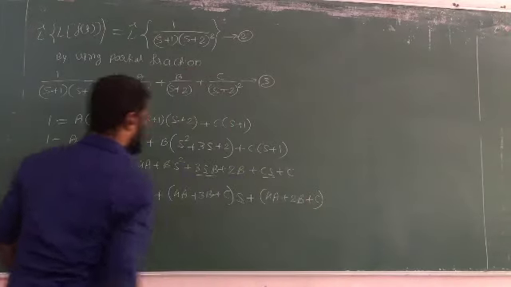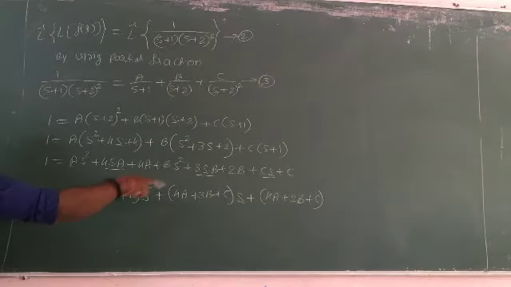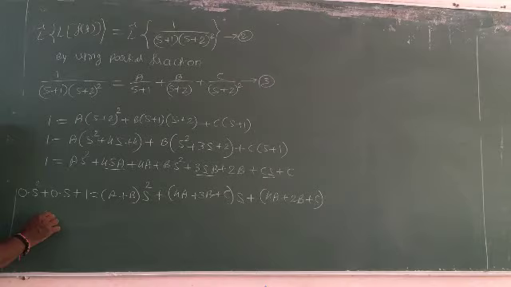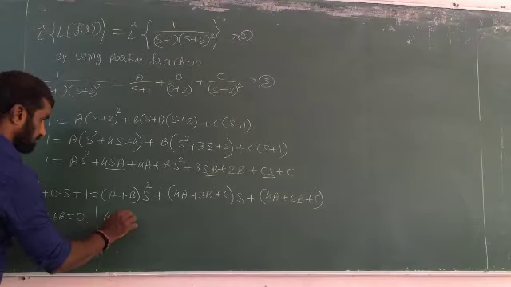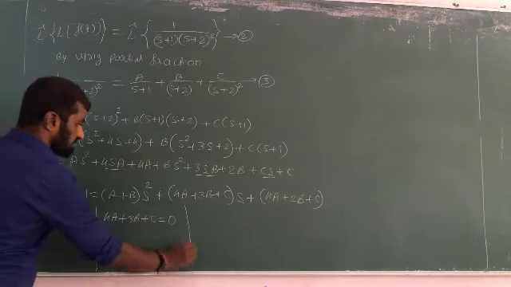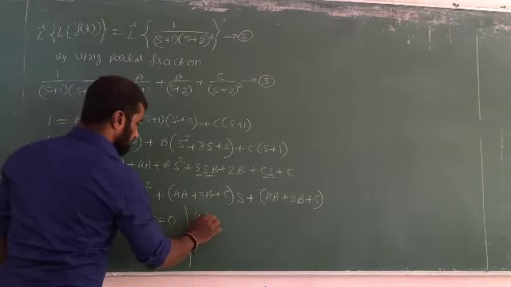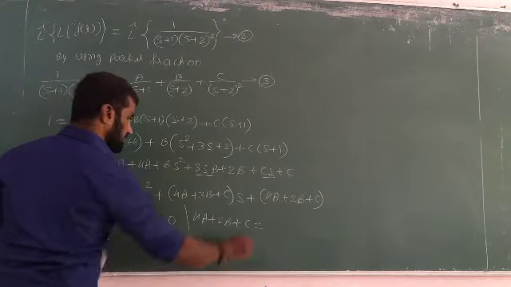So equating coefficients of s square, s and constant, I can write a plus b is equal to 0. Next, the s coefficient: 4a plus 3b plus c is equal to 0. Then 4a plus 2b plus c is equal to 1.